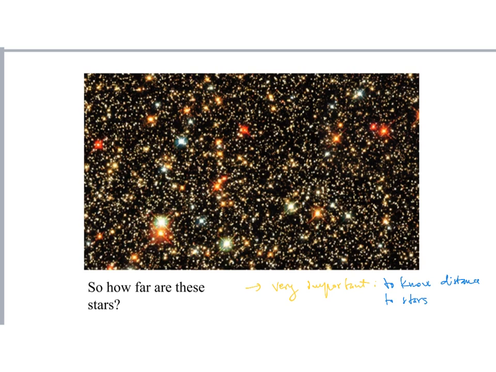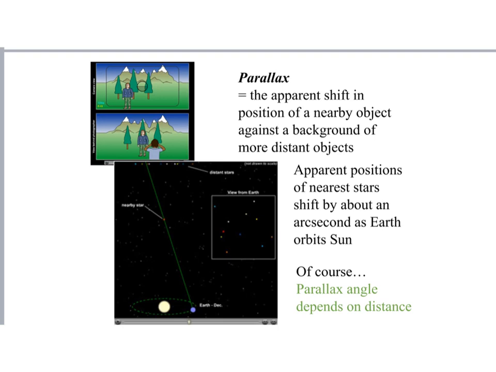In order to know intrinsically how luminous they are, all we need to know is how far away they are, and then the measurement of how bright they appear to us. So remember, that's the formula: 4 pi distance squared times brightness.